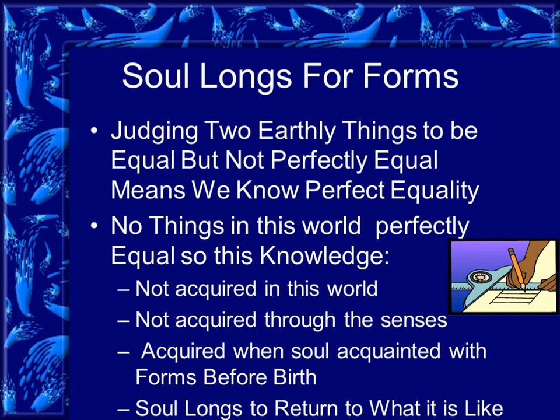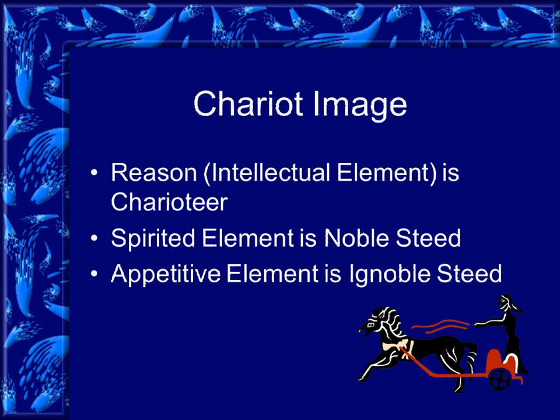And so we're remembering what we learned. So note, the soul being very much like the forms, for Plato, longs to be with what is perfect and changeless and eternal. Longs for the realm of the forms.